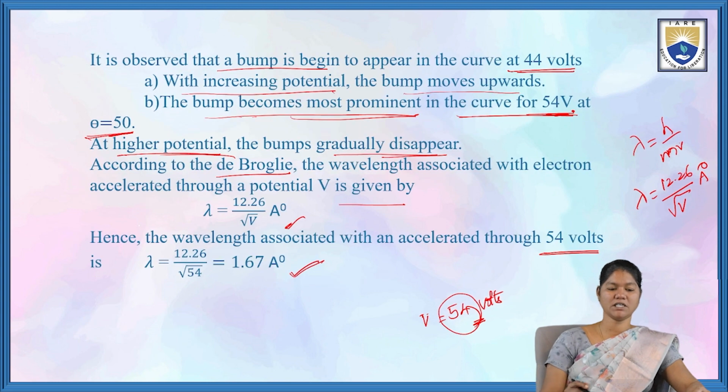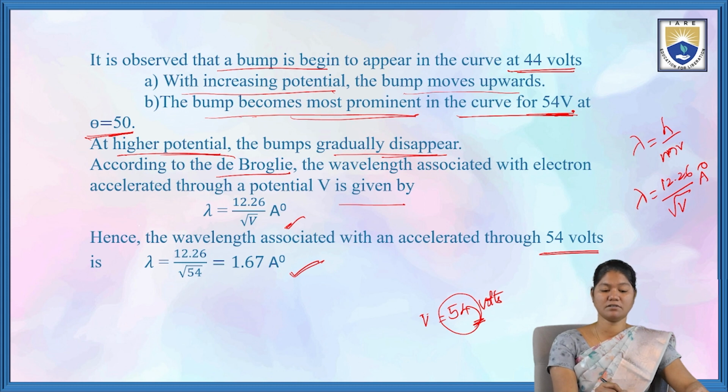Here, initially we have calculated the de Broglie wavelength associated with electrons accelerating through a potential V. Lambda is equal to 12.26 divided by root V. The accelerating potential is 54. So from this we get lambda equal to 1.67 angstroms.